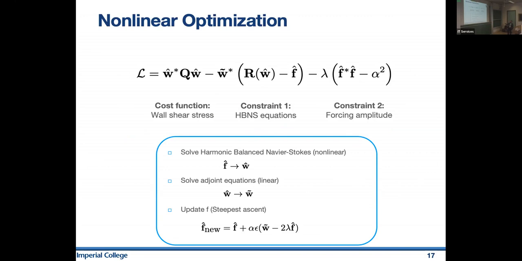I will ask: what is the optimal multi-harmonic forcing F, with a finite amplitude alpha, constrained now by my harmonic-balanced Navier-Stokes equations instead of the expensive DNS, that gives maximum shear stress, or maximum drag, or maximizes the dissipation? I will use a typical adjoint looping, solving the forward nonlinear problem, the harmonic-balanced Navier-Stokes, and the adjoint, and I will update the solution using a steepest ascent method.